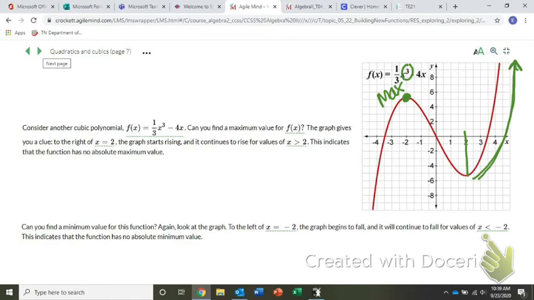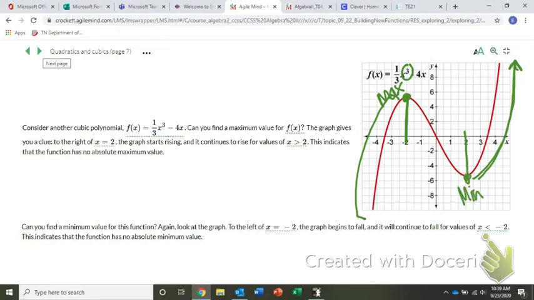Now, it says, can you find the minimum value of this graph? So we're looking from here to here. The left of x equals -2, it begins to fall, right? So it will continue to fall for that time.